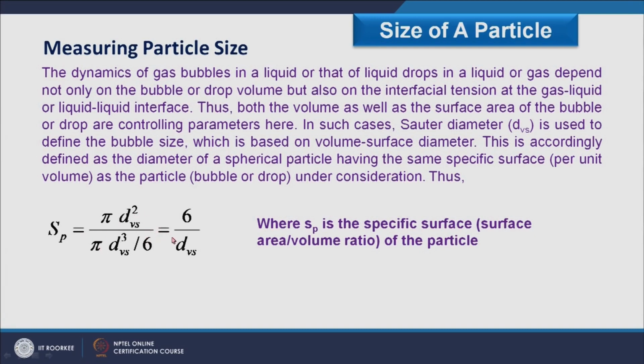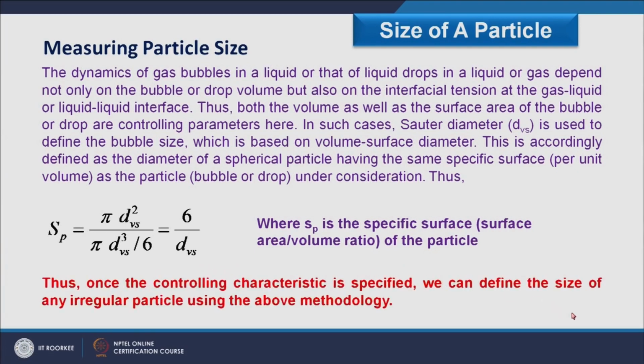So when we resolve it, it would be equal to 6 by dVs. So the Sauter diameter or dVs or volume surface diameter is defined as 6 by Sp. Therefore, once the controlling characteristic is specified, we can define the size of any irregular particle using above methodology.